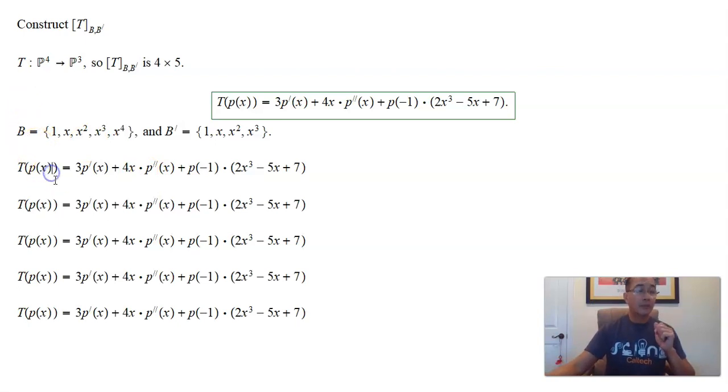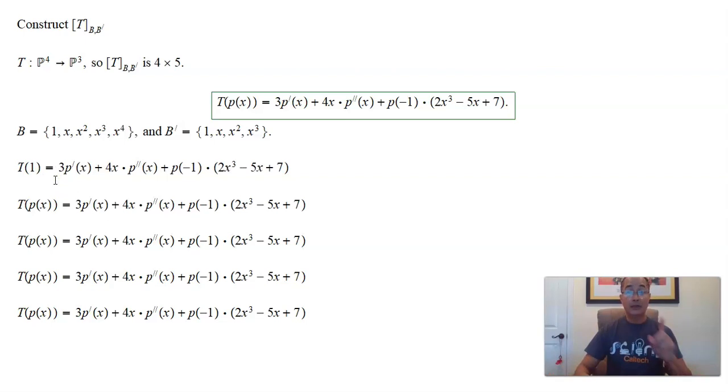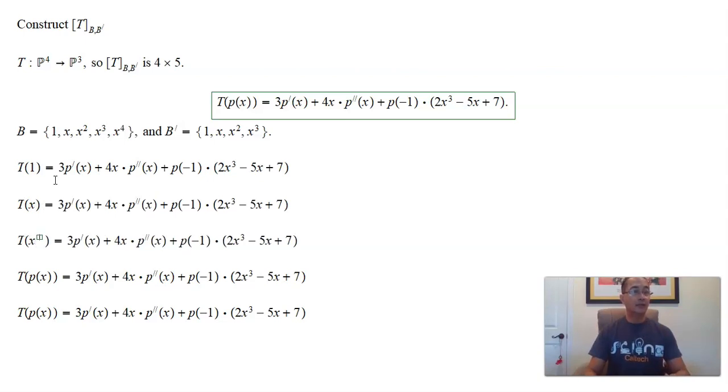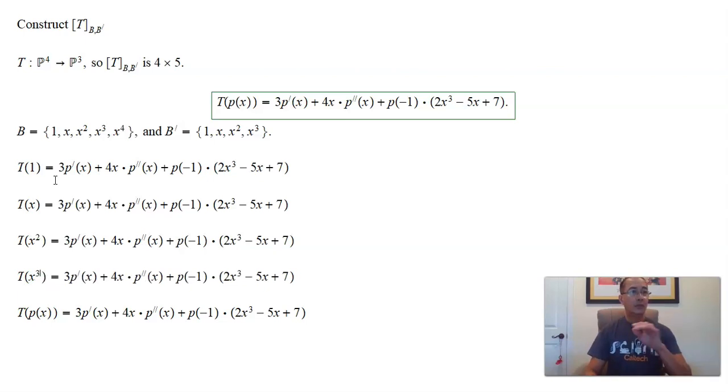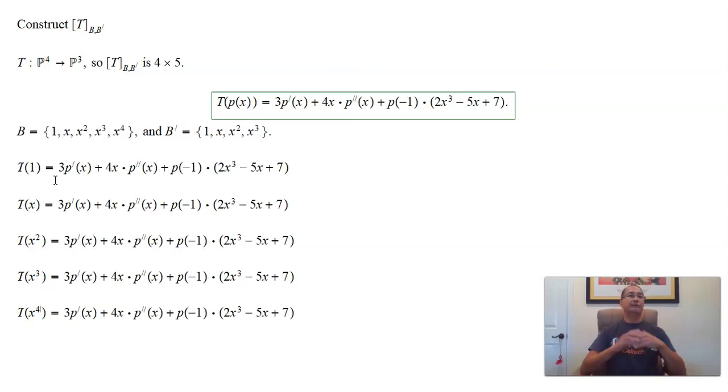Okay, so we will plug in 1 for p of x, the constant polynomial 1, x by itself, x squared by itself, x cubed by itself, and x to the 4th by itself.